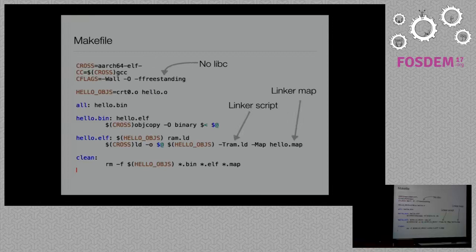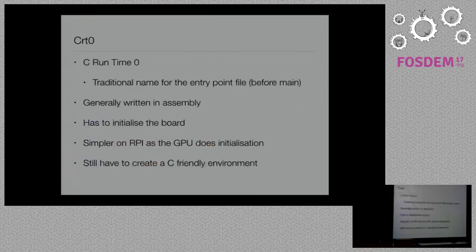The CRT0 is the usual name for C runtime 0, which means the first file to be executed by the, in fact, non-present C runtime. It is generally written in assembly because you do such low-level things that they cannot be expressed in C code. It has to initialize the board, but on the Raspberry Pi, it's very easy because the GPU does most of the initialization.